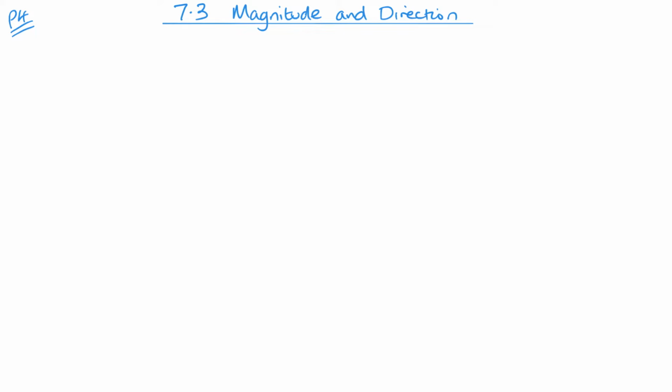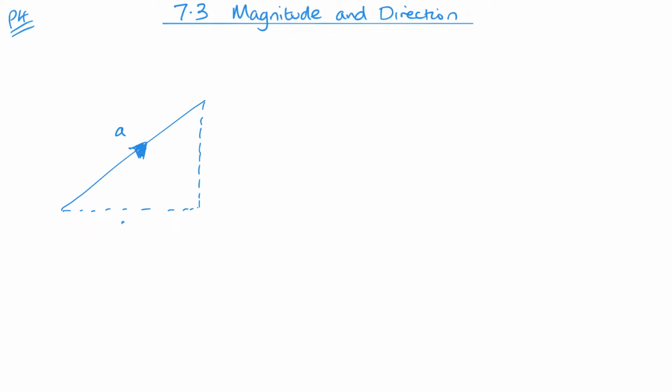So, magnitude and direction of a vector. Nice and relatively easy. It's just building on knowledge you already have. So imagine I have this vector A here. It's going to have a horizontal distance and a vertical distance.